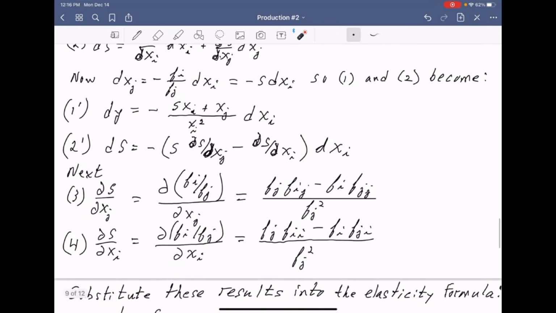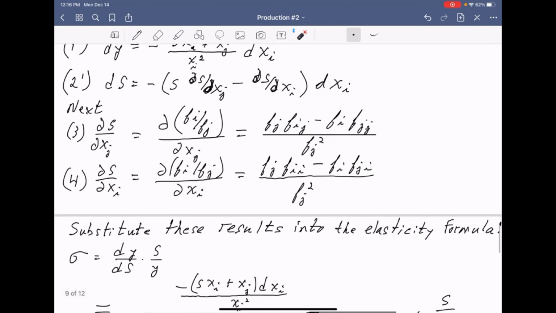So then we can figure out the partial of s with respect to xj, and the partial of s with respect to xi, and those are given by these formulas here. Notice that fj squared is at the bottom of both of these in the denominator, and that the numerators look fairly similar except for the subscripts that we have on the f's.